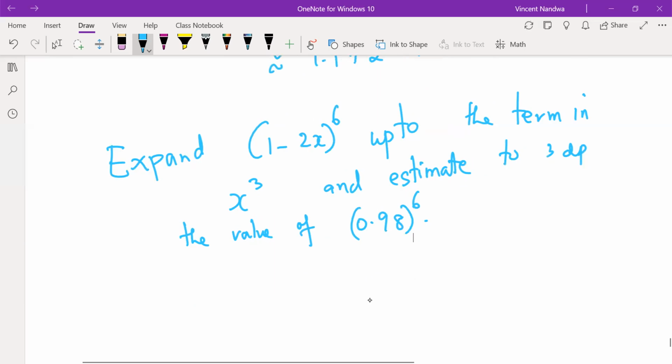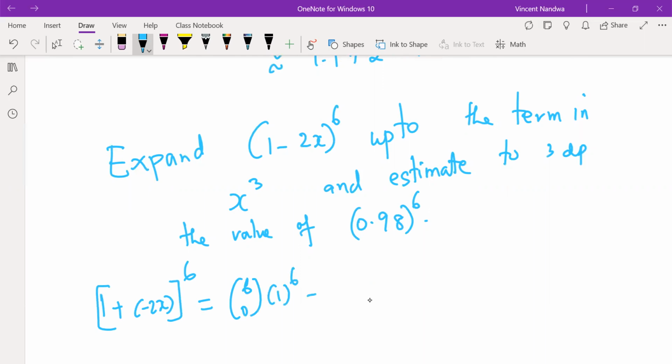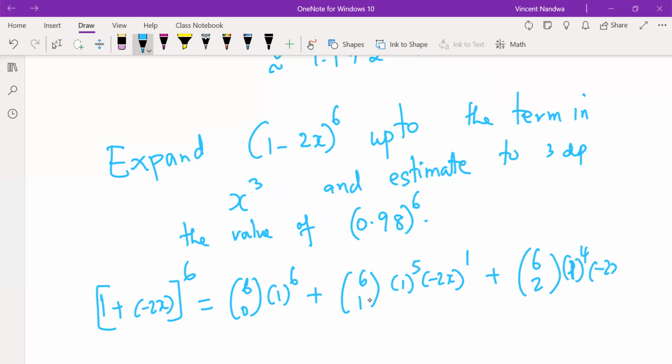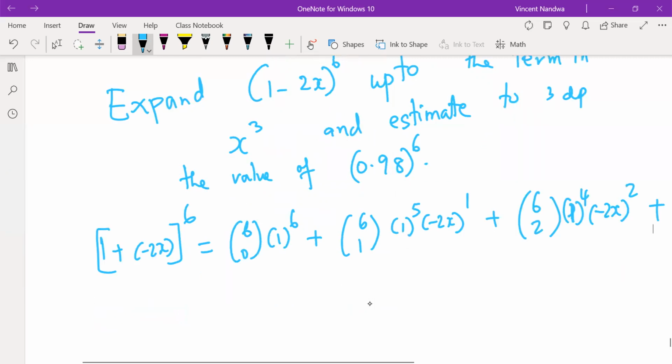So here, we note that (1 + (−2x))^6 is the same as 6C0 · 1^6 + 6C1 · 1^5 · (−2x)^1 + 6C2 · 1^4 · (−2x)^2 + 6C3 · 1^3 · (−2x)^3.